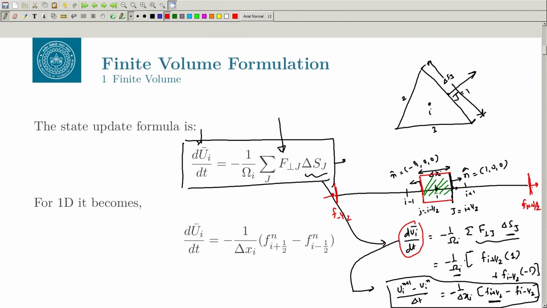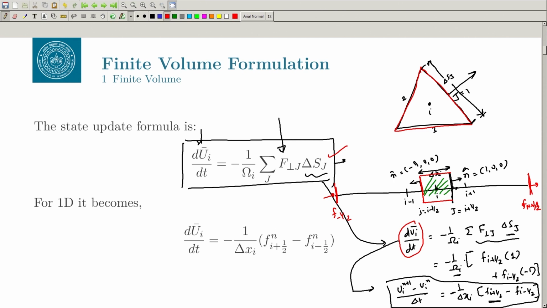Same thing you can see in 2D also. So, in triangles also, because we are using this formulation, we are making sure that in each cell the values are conserved. And globally also, if you consider all the cells together, then also values are conserved. So, it allows you both local conservation and global conservation.